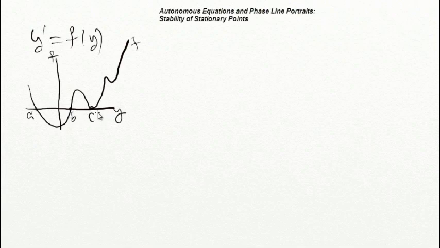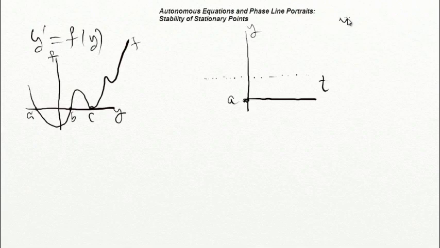Okay, now I'm going to draw the ty plane. So here's the y-axis, and here's the t-axis. And now let's look, for example, at the point y equals a here. It should be clear that the constant function y equals a is a solution to the differential equation.